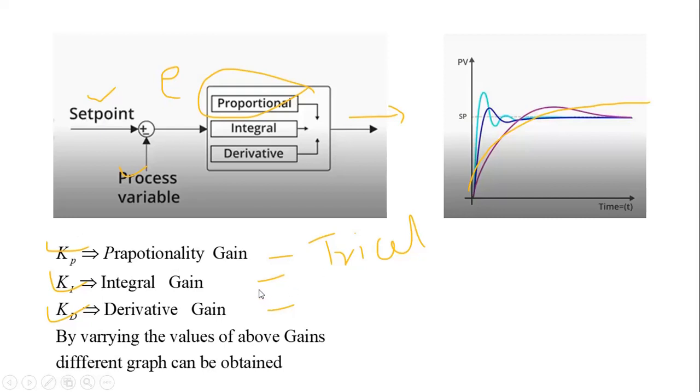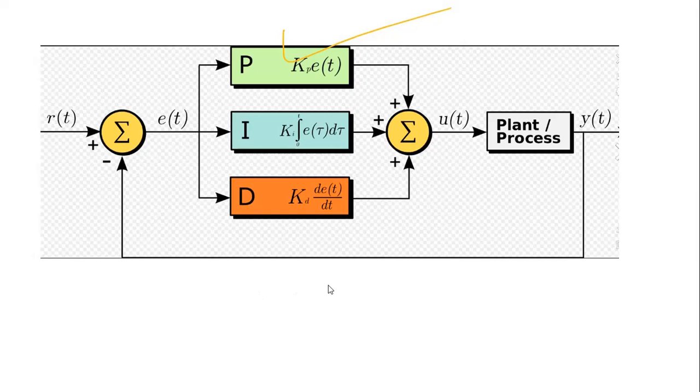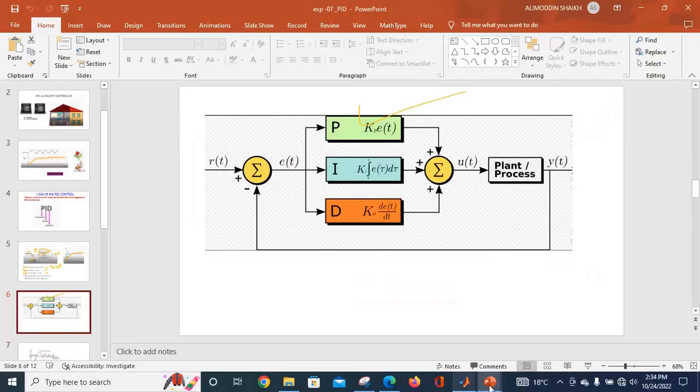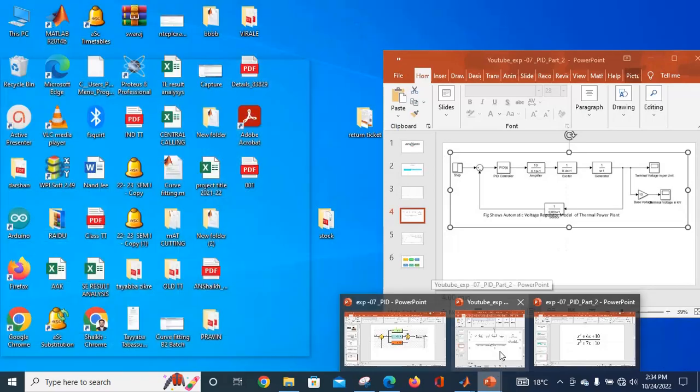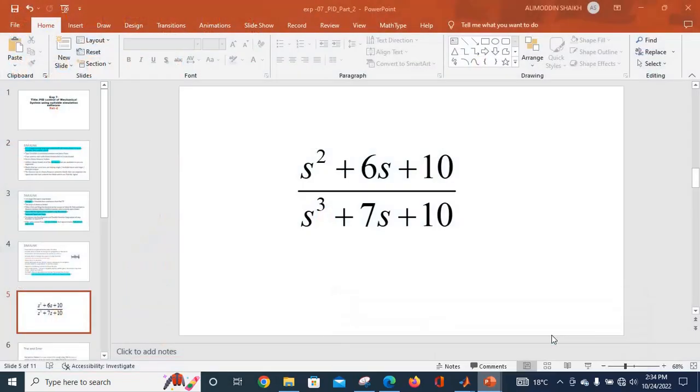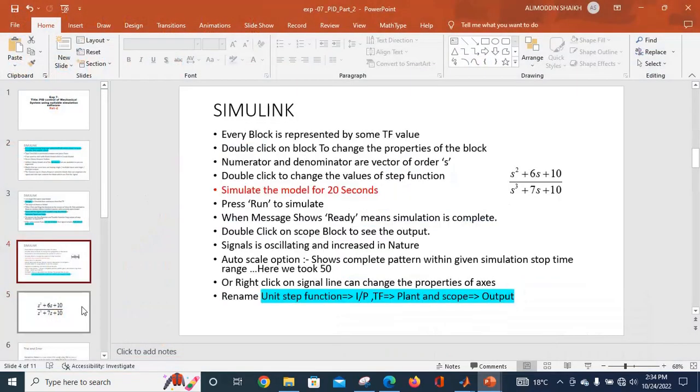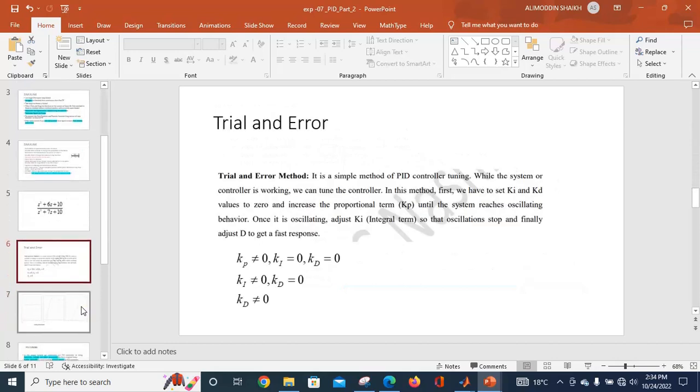First of all, in the trial and error method, we change the value of Kp and keep Ki and Kd as 0. Once we get proper oscillations, we will change the value of Ki and keep Kd as 0. I will show you in one PPT so that you will understand better. Once you make a model, you have to go to the trial and error method.